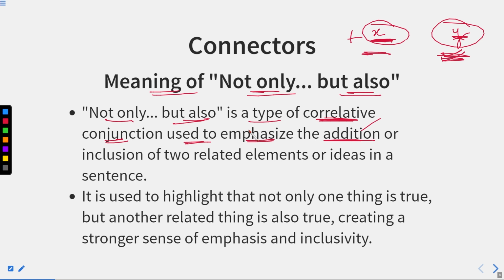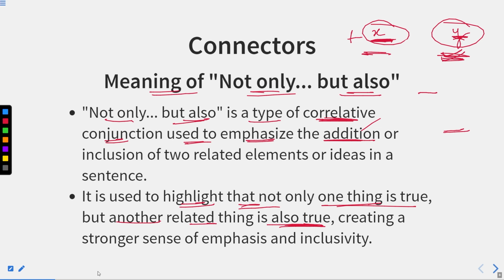So it is the inclusion of two related elements or ideas in a sentence. It is used to highlight that not only one thing is true but another related thing is also true. It means you can show me another choice, you can show me the importance of another thing as well. If I say money matters in life, you say no, not only money but also respect matters in life. So here, but also respect matters in life. It means we are showing that money and respect are equally important.